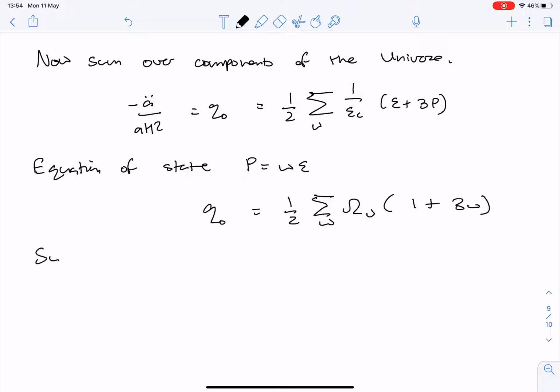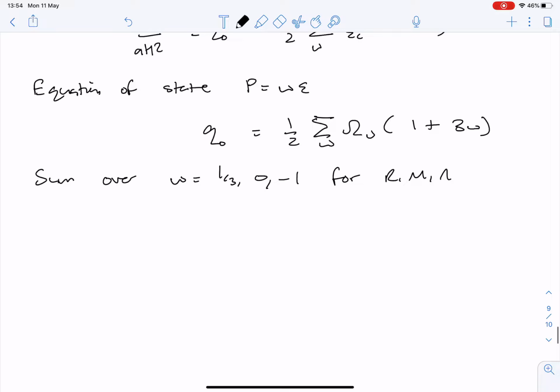And then I can sum over w equals 1/3, 0, minus 1 for R, M and lambda to get that q naught is just equal to omega R0 plus 1/2 omega M0 minus omega lambda 0.